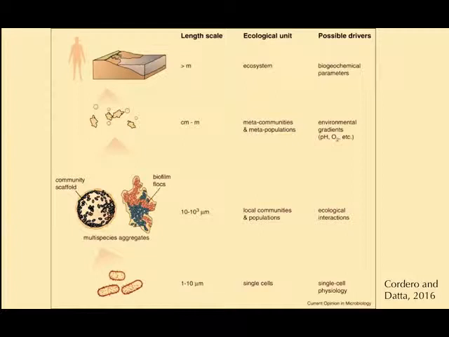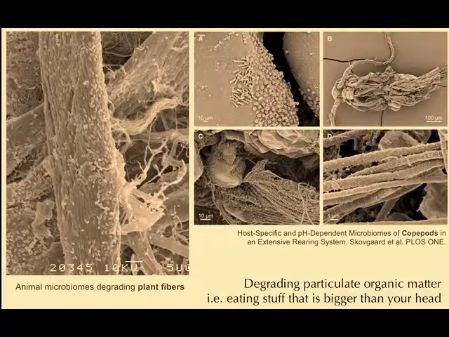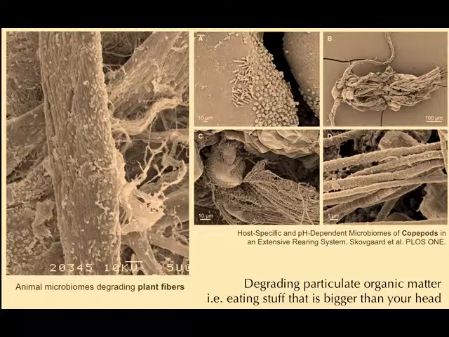That's one of the founding ideas of the way we do things. And I would say a prime example of those sweet spots, mesoscale structures, are particles of organic matter. What you have here in these pictures on the left, these are plant fibers in the rumen of a cow.